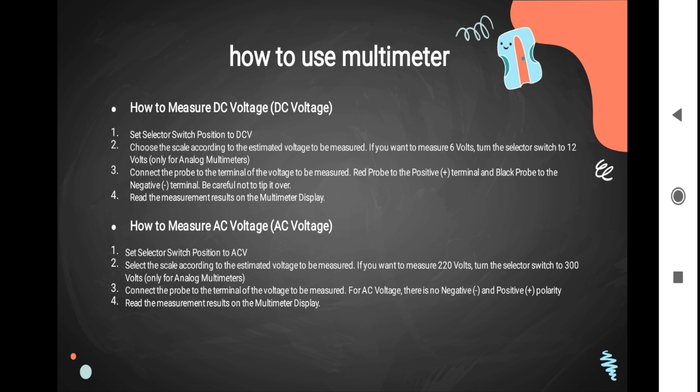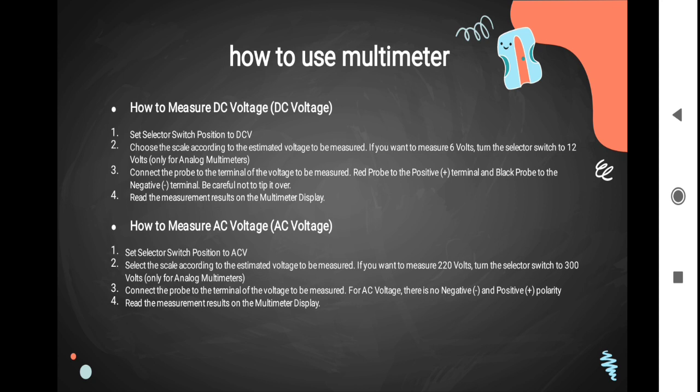Connect the probes to the terminals of the voltage to be measured. Red probe to the positive terminal and black probe to the negative terminal. Be careful not to reverse them. 4. Read the measurement result on the multitester display.